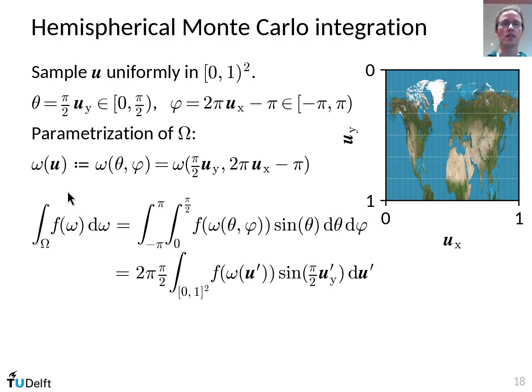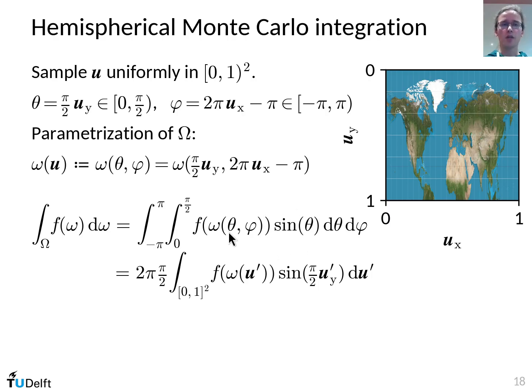And now we can take a function defined on the hemisphere, f, and interpret this as a function defined on the unit square. So we want to compute this integral here, and previously we defined this in terms of spherical coordinates using this formula here with this sine of theta correction factor.